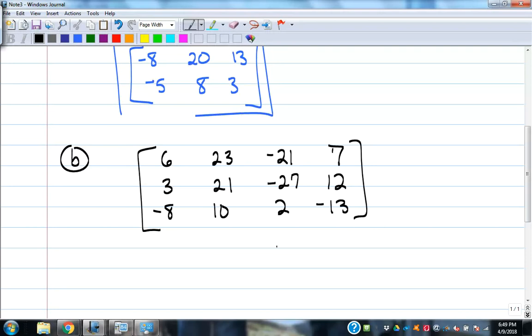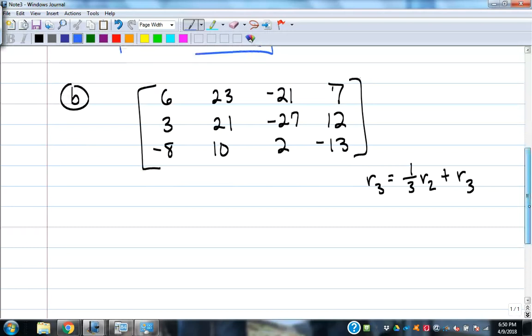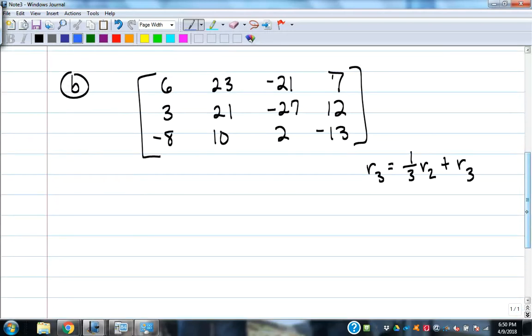Here's the row operation we want: Row 3 equals 1/3 of row 2 plus row 3. 1/3 of row 2 added to row 3. Which row is changing? Row 3. So what's that mean about row 1 and 2? They're going to be the exact same thing that's already written there.